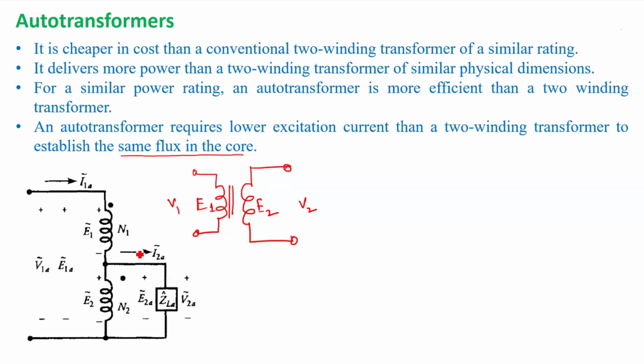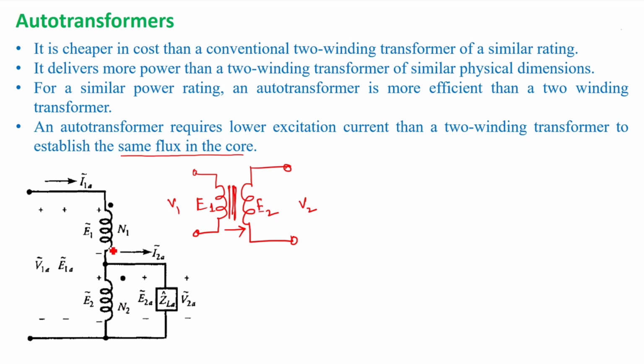become an auto transformer. So in a two winding transformer, the transformation of voltage and power happens through the magnetic coupling circuit, right? But in an auto transformer, this transformation happens both ways, inductively as well as conductively.